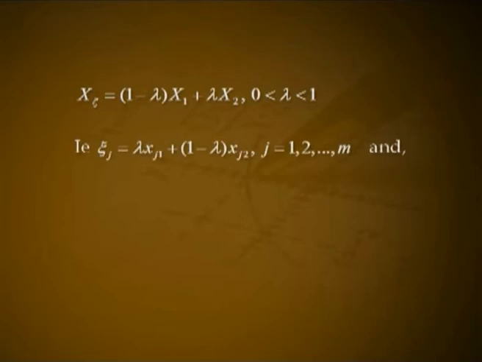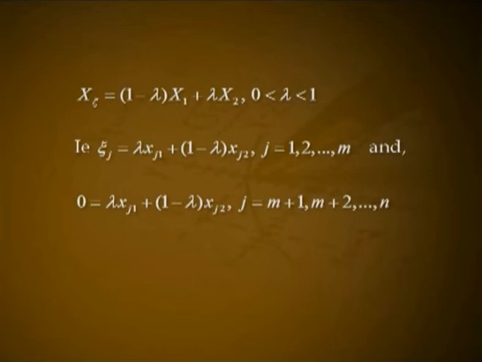That is, ψj = λxj1 + (1 − λ)xj2 for j = 1, 2, etc. m, and 0 = λxj1 + (1 − λ)xj2 for j = m+1, m+2, etc. n. Since x1, x2 belong to SF, xj1, xj2 ≥ 0.